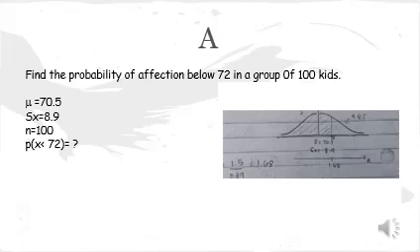We are going to use the equation of z is equal to x minus the mean divided by standard deviation, and by using the information that we have, we can calculate z to being 1.68. Now we move on to the z-chart.